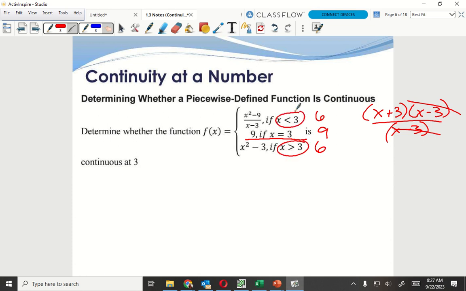So what this is saying is my left side goes to 6. My right side goes to 6. But I get a solid dot right here at 9. So the limit is not equal to the function. So is this one continuous?